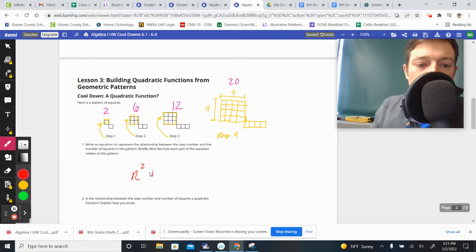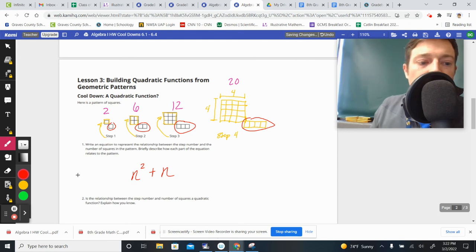Then after you square it, you add the extra little part that's being tacked on, which is not the same thing over and over again like we've seen in some examples in class. They added 1, they added 2, they added 3, they added 4, right? The amount that they're adding is the step number: plus 1, plus 2, plus 3, plus 4. So that would look like this.